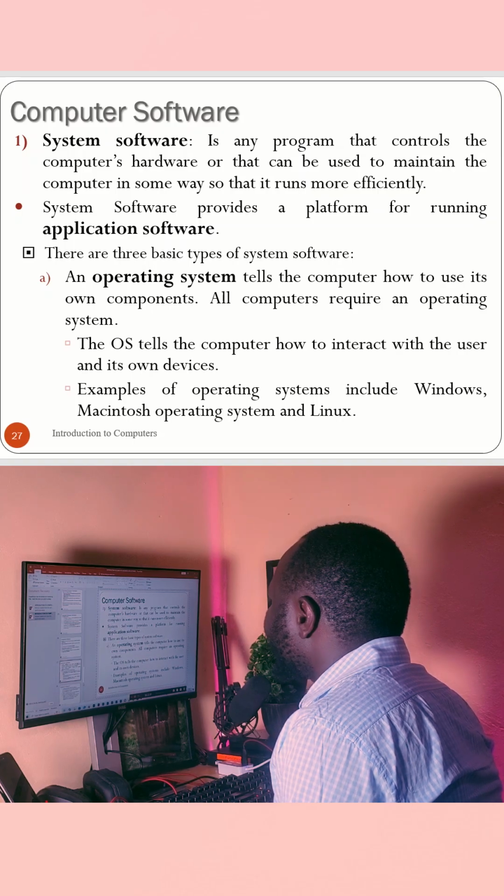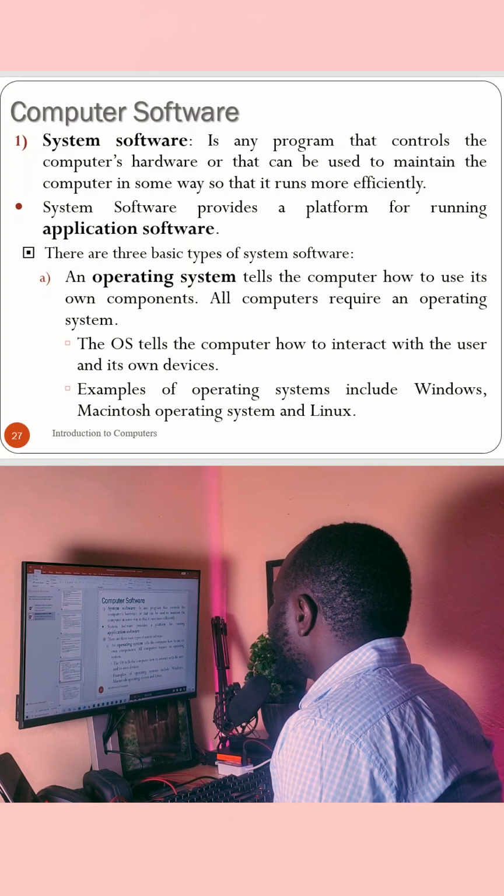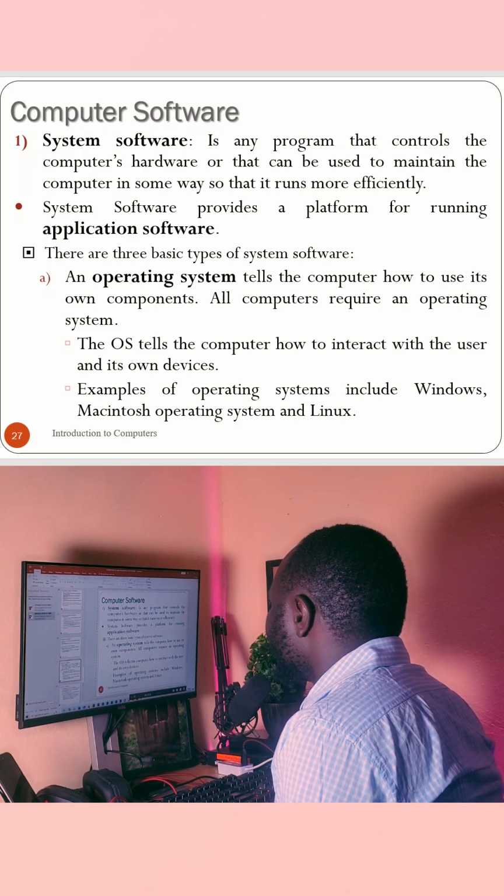When you go into smartphones, because these also fall under computers, you're going to find we have Android operating systems. We also have iOS for people who are using iPhones. Initially, before the popularity of Android, we used to have small button phones that were running on Java operating system.